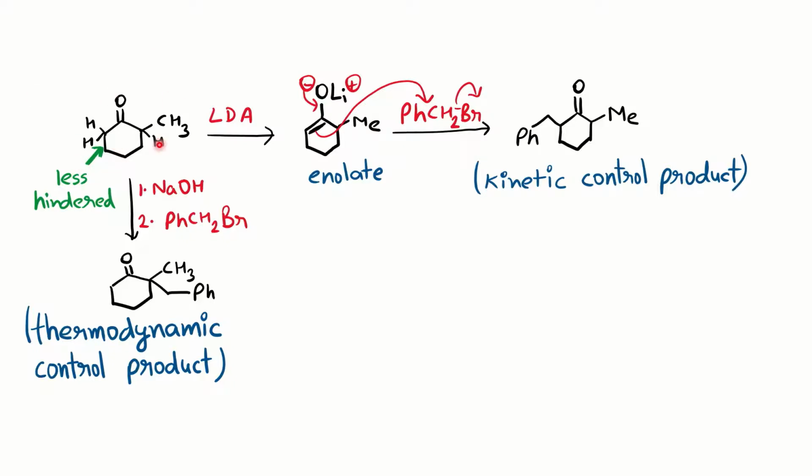In this particular case, you have to keep in mind that LDA, being a bulky reagent, will always attack from the less hindered side. Conventionally, the other bases will abstract the proton from the position where the CH3 is attached.